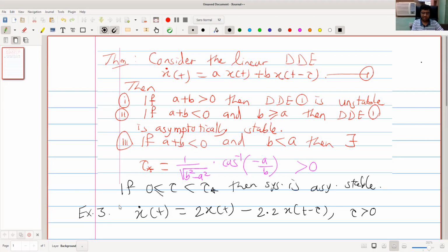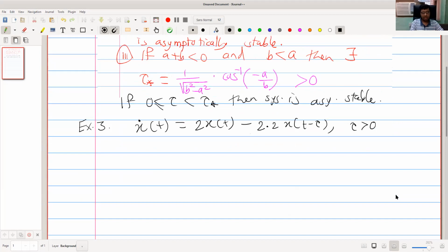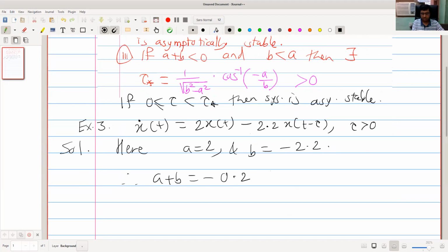Let us consider one more linear system. It is given by x dot of t equal to 2 times x of t minus 2.2 x of t minus 1. So here a is 2, b is minus 2.2, and therefore a plus b is minus 0.2, which is negative.